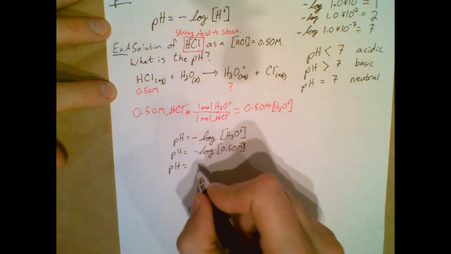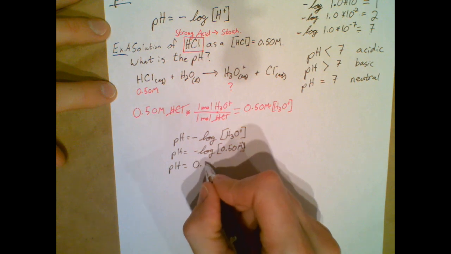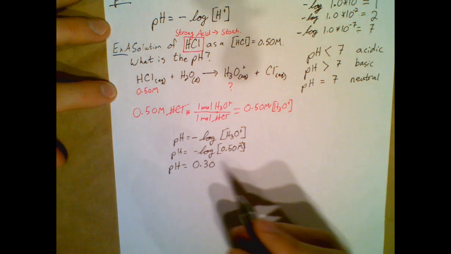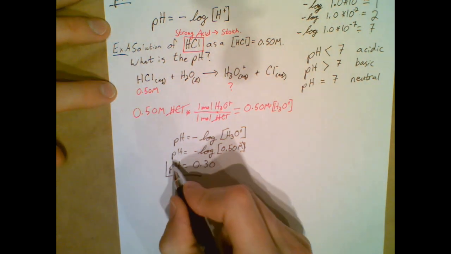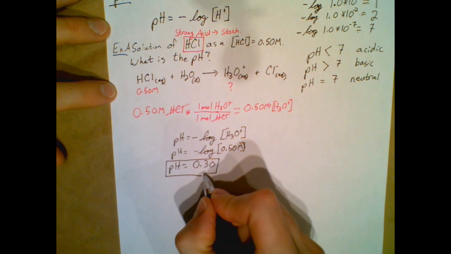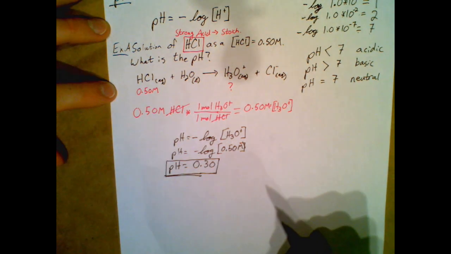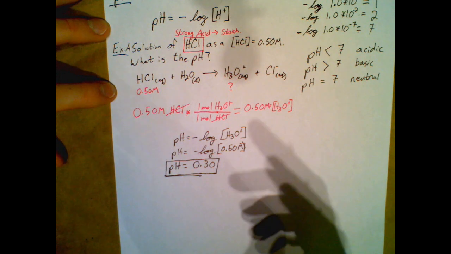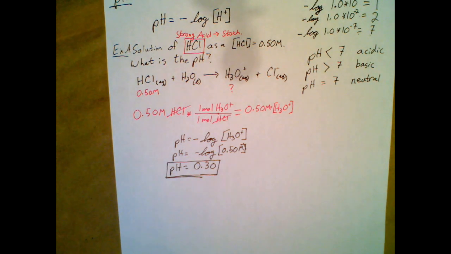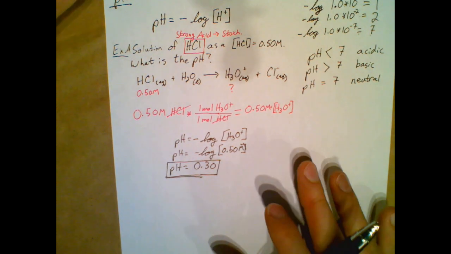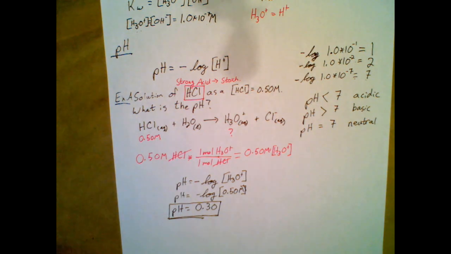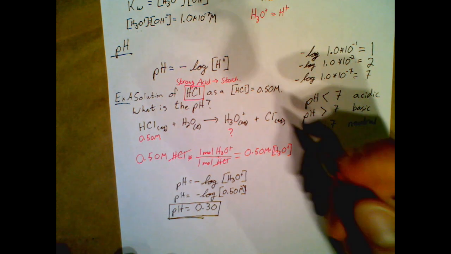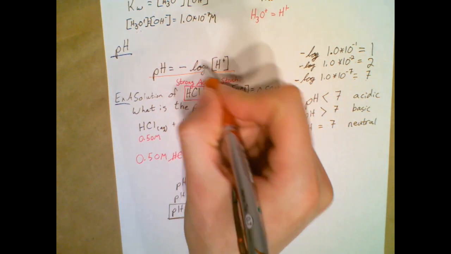You're going to come out with an answer of 0.30. Now, pH has no units, so you just write that number out. Not even molarity. Oh, what am I talking about? It's just pH. pH is 0.30. Okay, so that's what we need to know to calculate the pH of a solution.